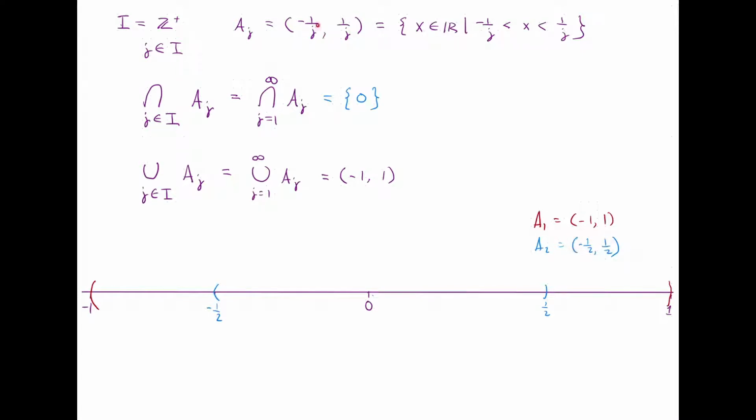But as we continue, the j's grow larger, so in absolute value, the 1 over j's, negative 1 over j or positive 1 over j, are going to get smaller and smaller and smaller. And so they're always going to be contained in A1. And so the union of all the sets is simply negative 1, comma 1.